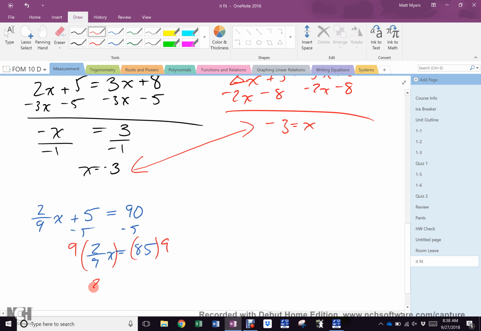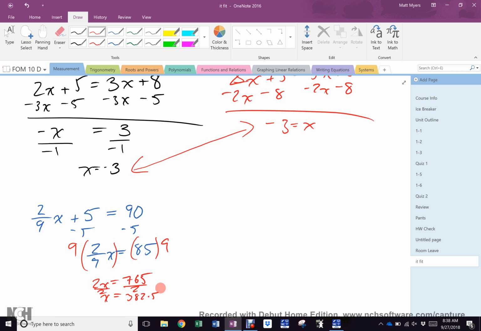You're right. 2x equals 765. Now what? Divide each side by 2. X equals 382.5. Yes?